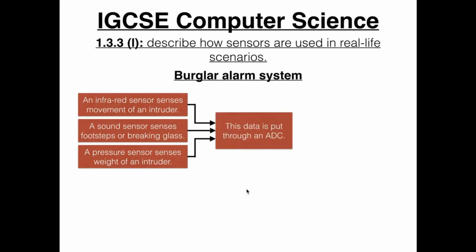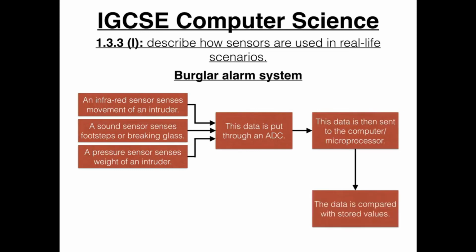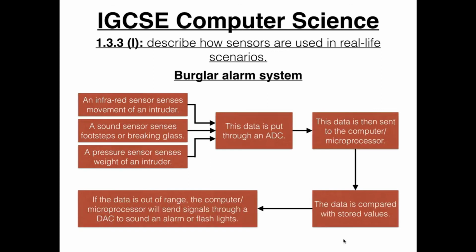Anyway, this data is put through an analog to digital converter. Then this data is sent to the computer or microprocessor for it to interpret. The data is compared with stored values. If the data is out of range, the computer or microprocessor sends signals through a DAC, if necessary, to sound an alarm.